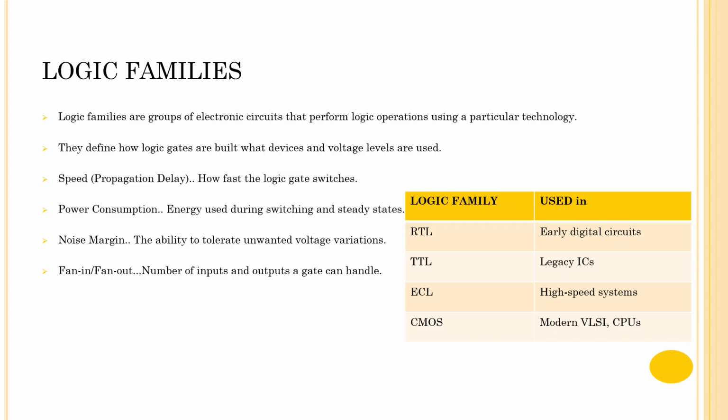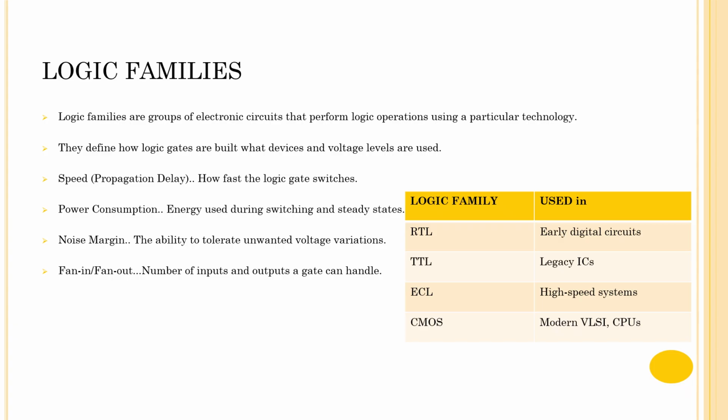Now let's look at some major logic families that shaped digital design history. First one is RTL, also called resistor transistor logic. This was the earliest logic family. It uses resistors and transistors to perform logic functions. Simple and low cost, but very slow and consumed a lot of power. You will find it in early computers, from before integrated circuits became common.